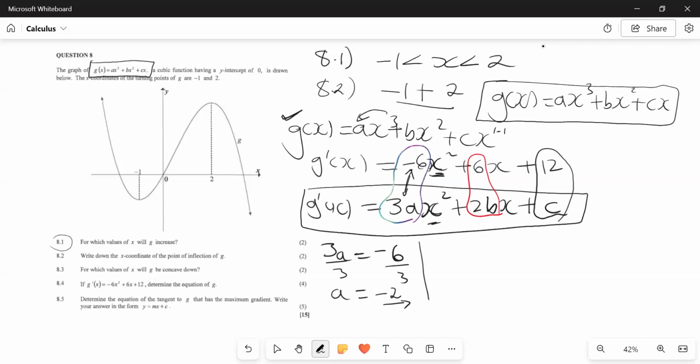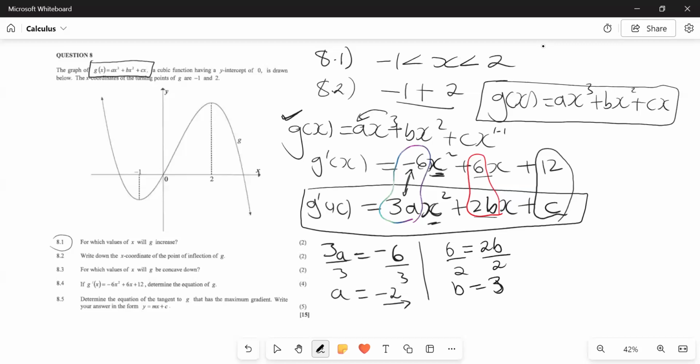We must find b. So 6 equals 2b, because 6 and 2b are the coefficients of x. Then we divide both sides by 2. Now our b is equal to 3.